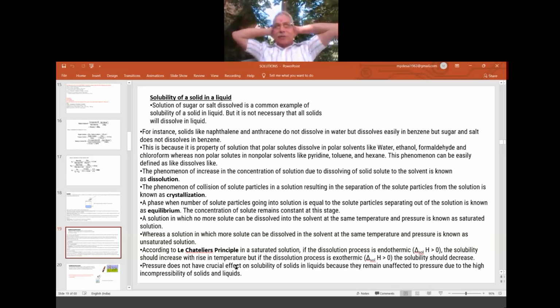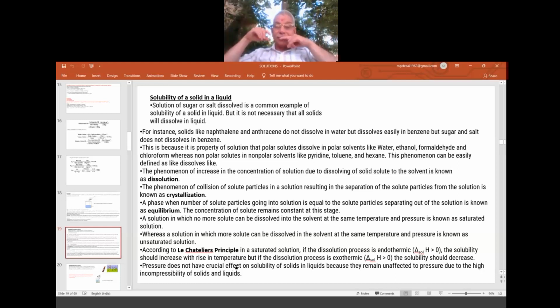What happens if it is endothermic in nature, then by increasing temperature, what happens? What is endothermic? Endothermic is the one which will absorb heat. So it will take the heat. So that time if you supply, no, solubility will decrease.